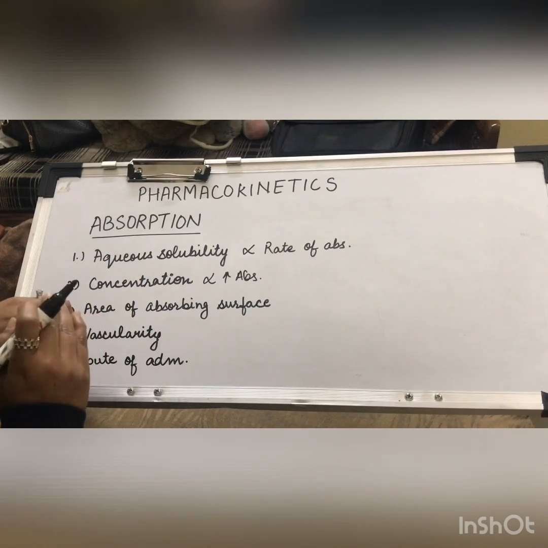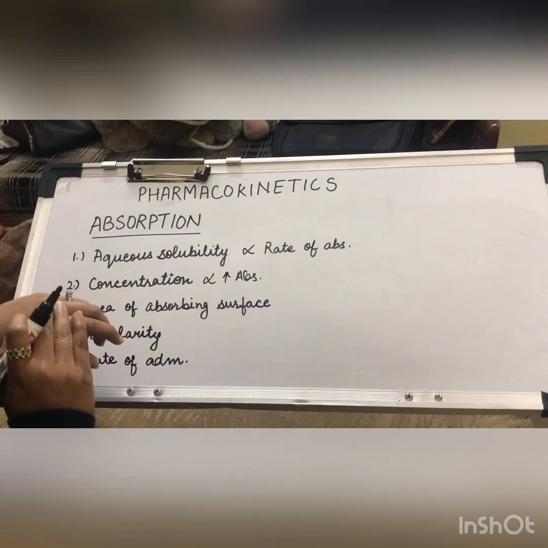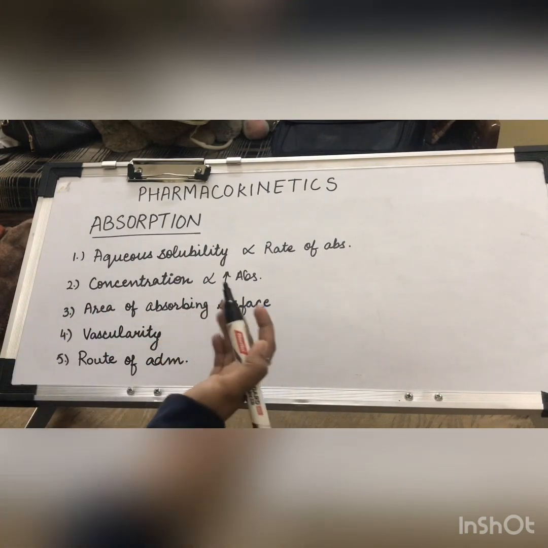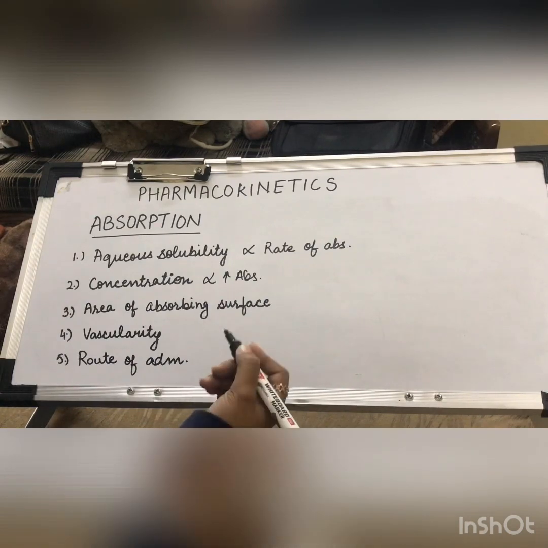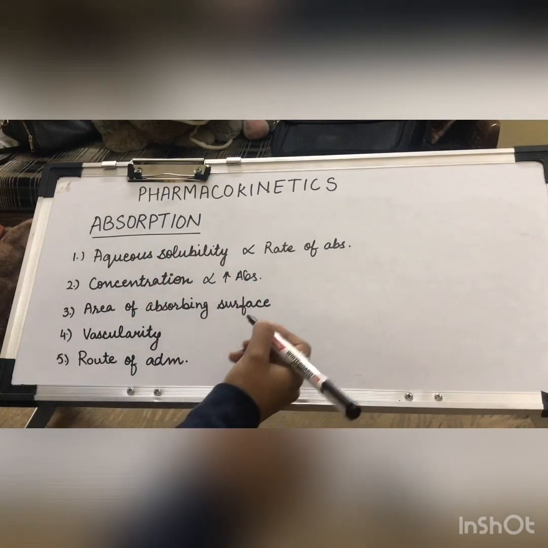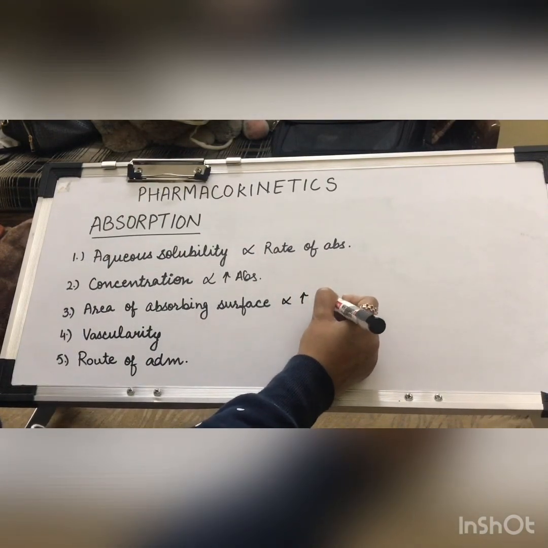However, if you apply your moisturizer or your ointment to a larger part of the skin, then it will be absorbed much faster. Therefore, if you increase the area of absorbing surface, it will increase the rate of absorption.